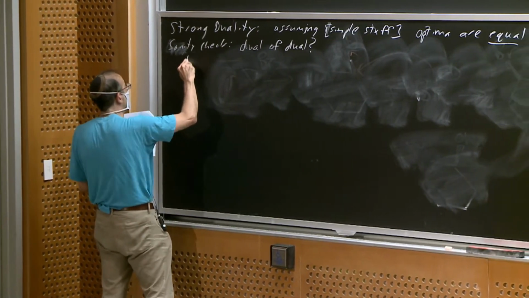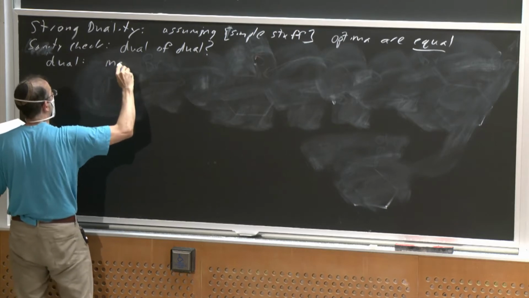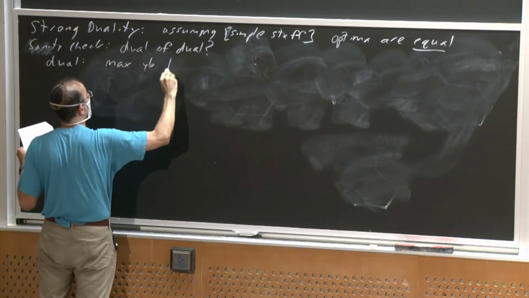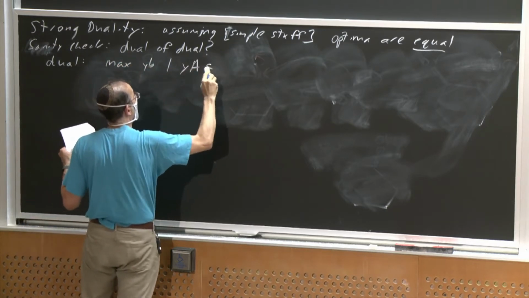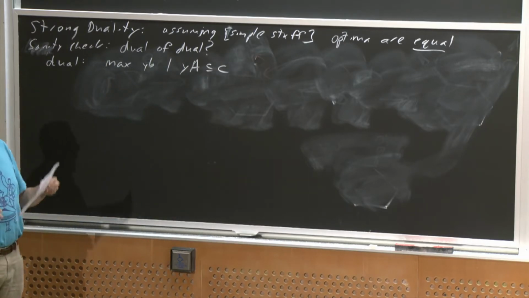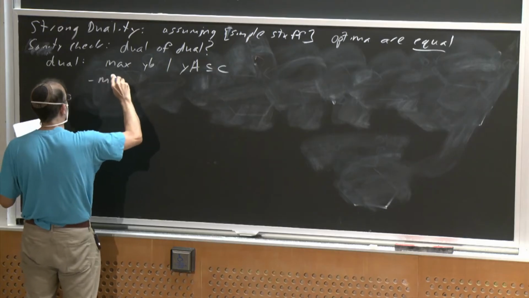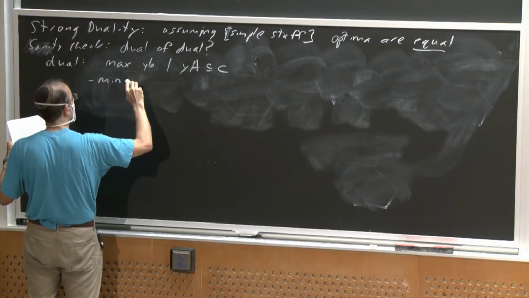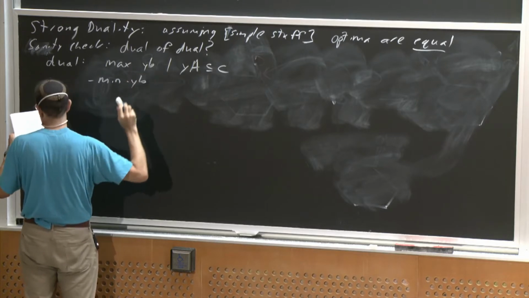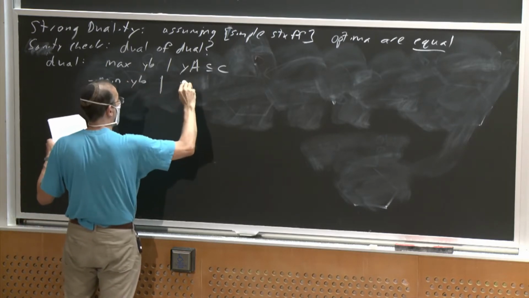So we had this dual where we want to maximize yb such that yA is less than or equal to c. But we want to make this standard form. So we're going to transform that into a minimization problem, and we are going to add some slack variables.